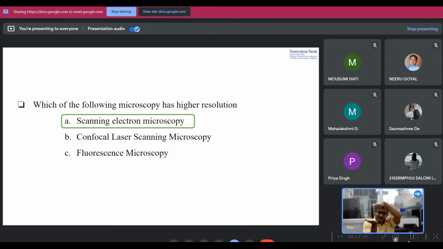The sample is treated with an electron beam at a very high voltage, much higher than SEM, in the case of TEM. In TEM, a 200 kV or 300 kV electron beam is used. So the voltage is very high, and the electron power is also high. So it goes through the sample, and we can see the inner properties of the sample. While in SEM, we get the surface properties. Clear?